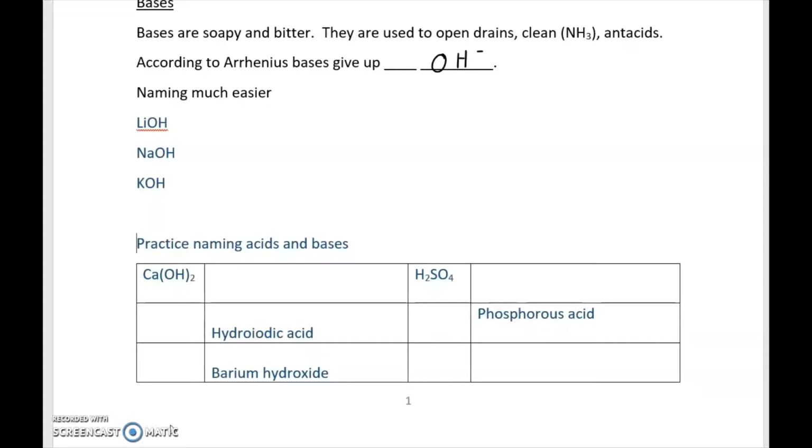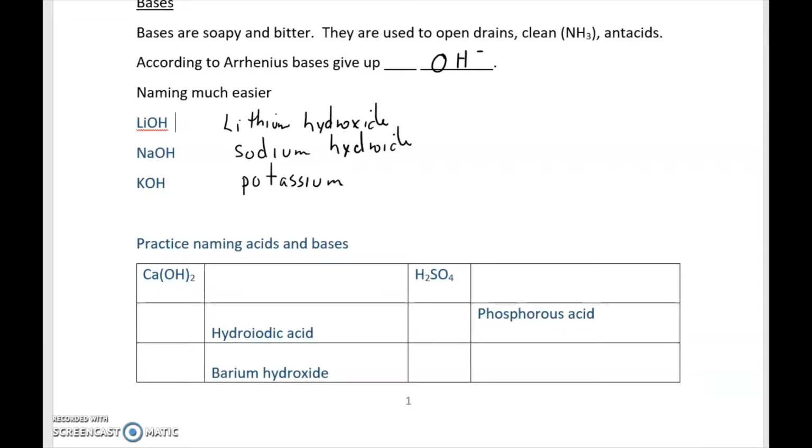So here the naming is going to be much easier. This will be lithium hydroxide, sodium hydroxide, and potassium hydroxide.